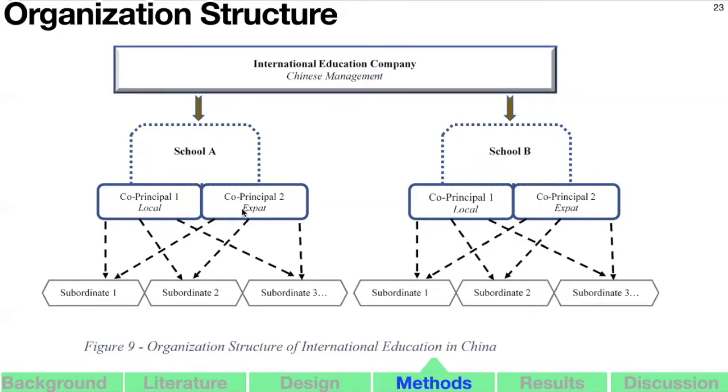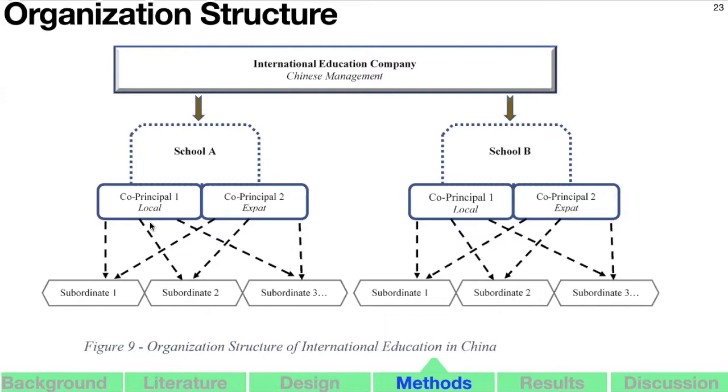And in each of their schools, there are 2 principals, which are the leaders that I studied in this research. In China, they call them co-principals.